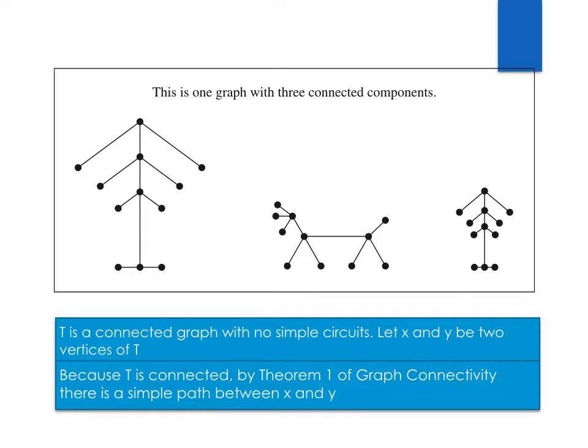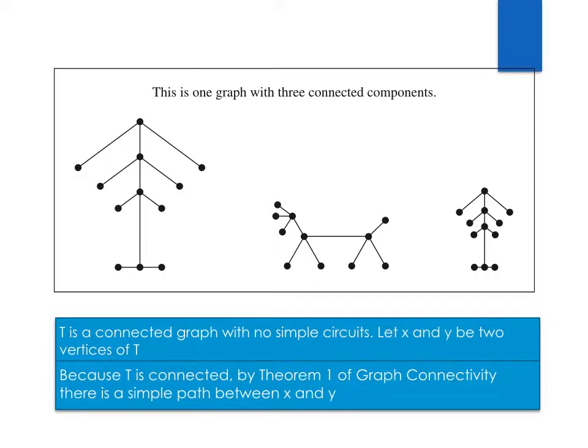For if there were a second such path, the path formed by combining the first path from X to Y followed by the path from Y to X obtained by reversing the order of the second path from X to Y would form a circuit. This implies that there is a simple circuit in T. Now, as a hint, there is a unique simple path between any two vertices of a tree.